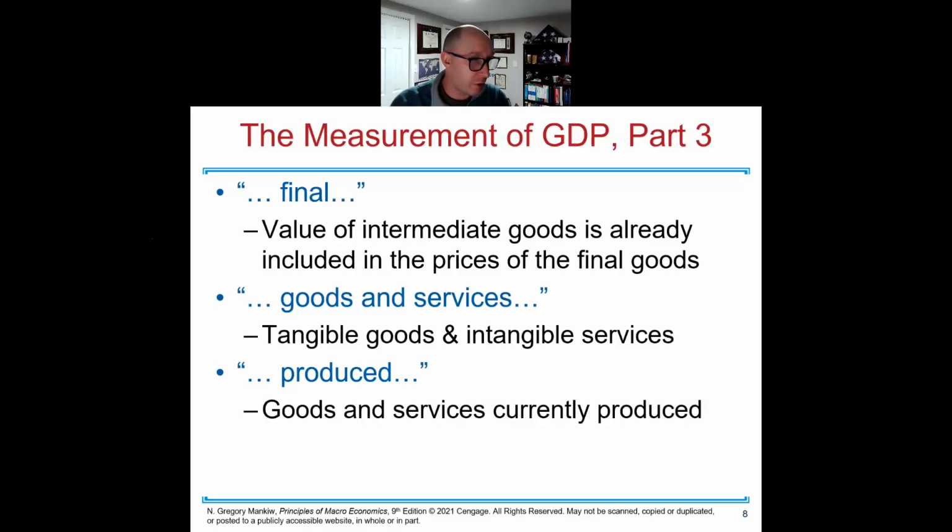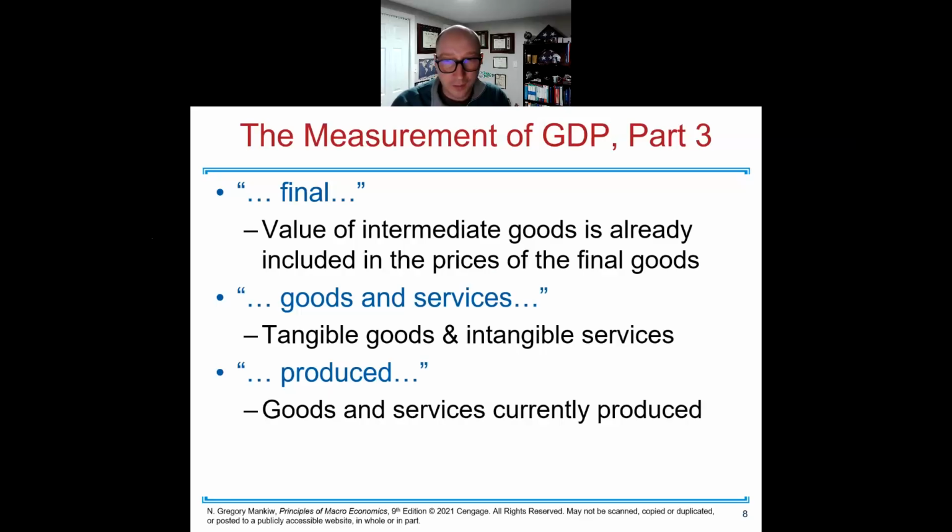Those three different components we call intermediate goods. And together they make the final cost of a product. And that final cost of the product is the value of that product that we measure in gross domestic product.